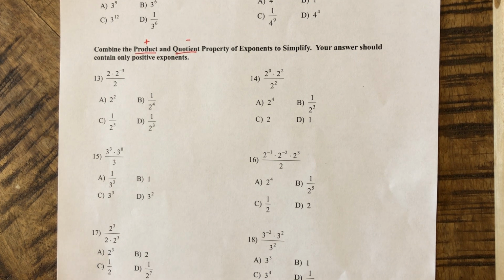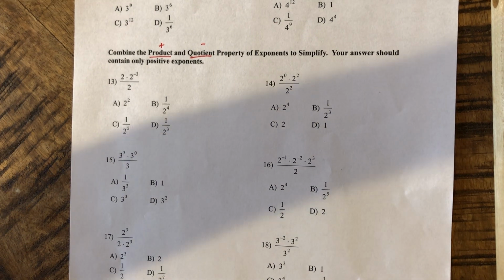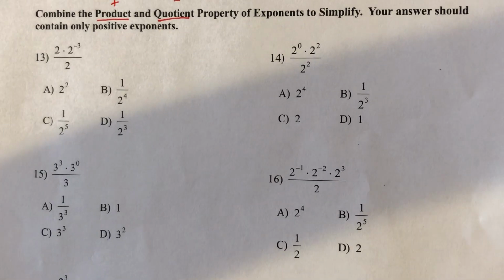So when we want to simplify these, we want to follow order of operations and we want to work on either side of the fraction bar completely first and do all of the product and quotient property before we deal with any negative exponents.